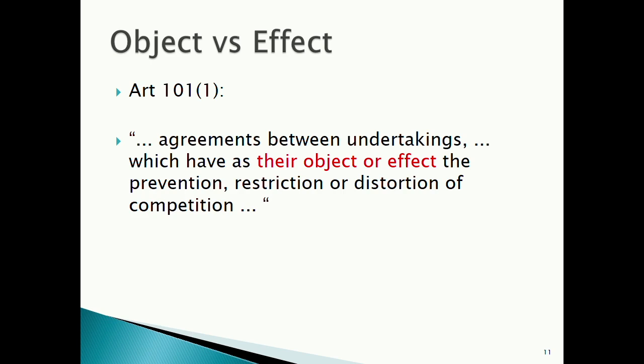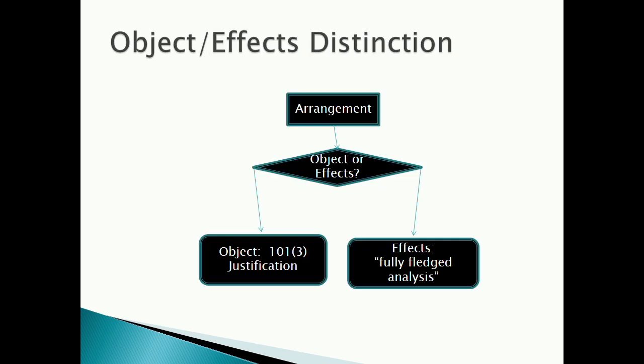What does this mean and what are the implications? The implications are quite profound. We have an arrangement. You need to determine whether the arrangement restricts competition by its object or by its effect. We'll get to that in a few minutes.